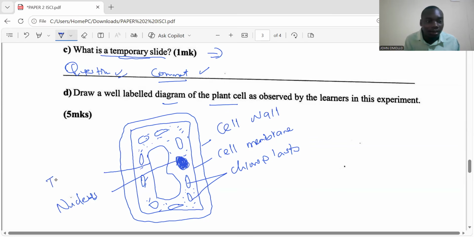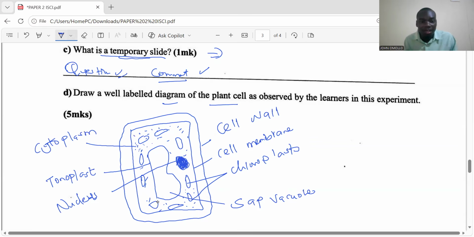This layer is referred to as tonoplast. Whatever is inside here is referred to as sap vacuole. And these dotted parts inside are called cytoplasm.